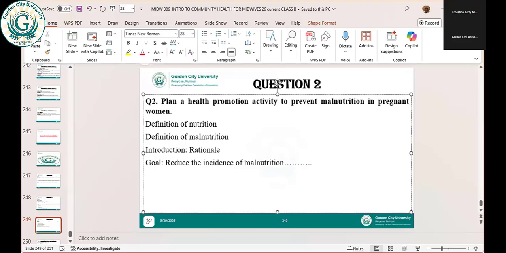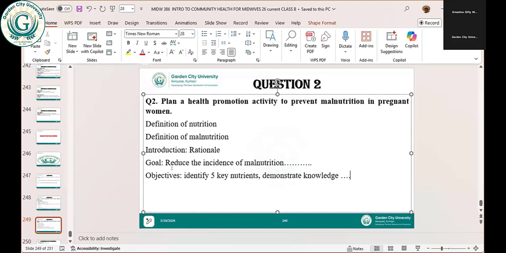Then we moved on to the objectives. First, we identify at least 5 key nutrients essential during pregnancy. Two, we demonstrate knowledge of balanced meal planning. And then three, recognize warning signs of malnutrition.